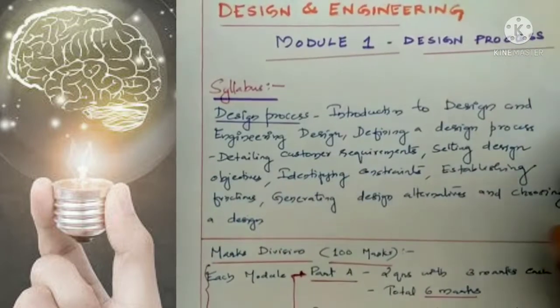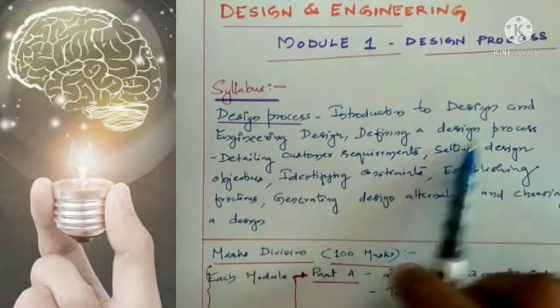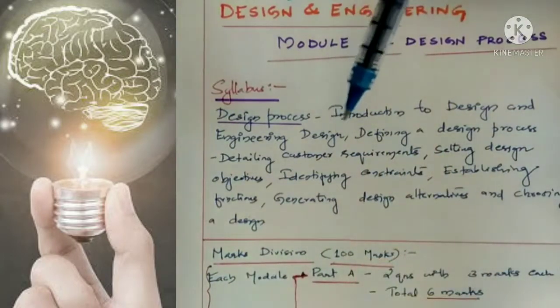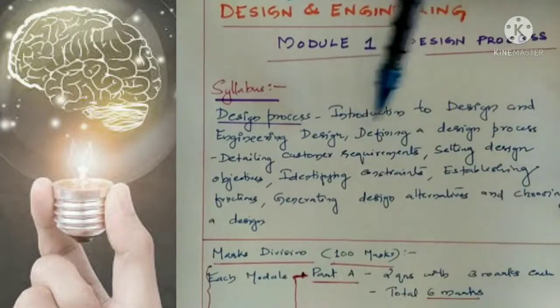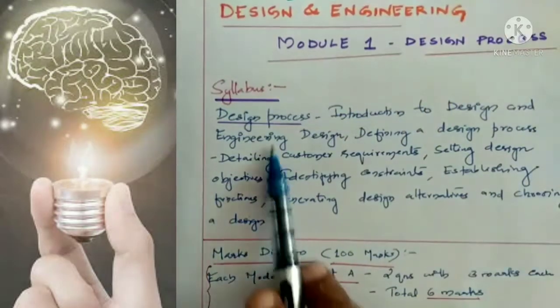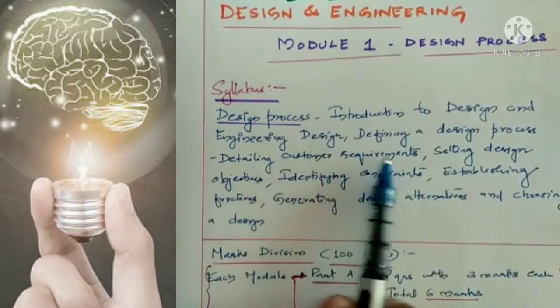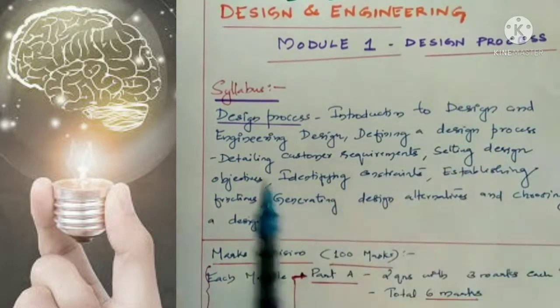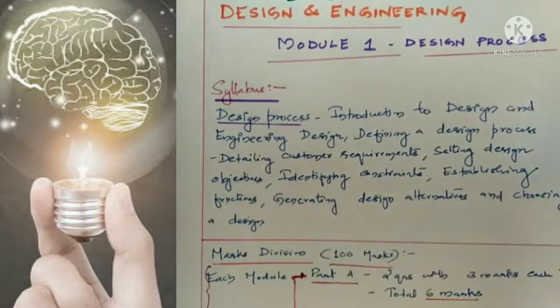So this is our syllabus. Introduction to design and engineering design that we have already seen. Then defining a design process. So the rest of the syllabus is all about this design process. There are 6 steps.